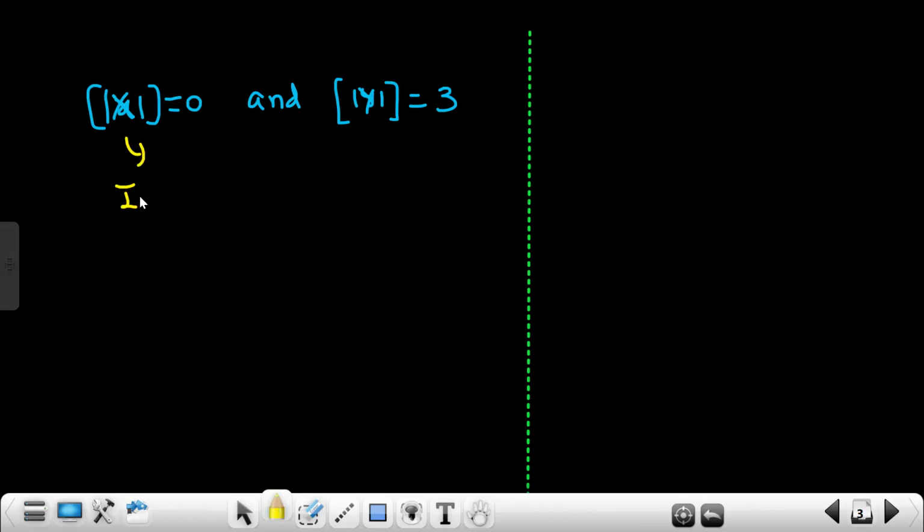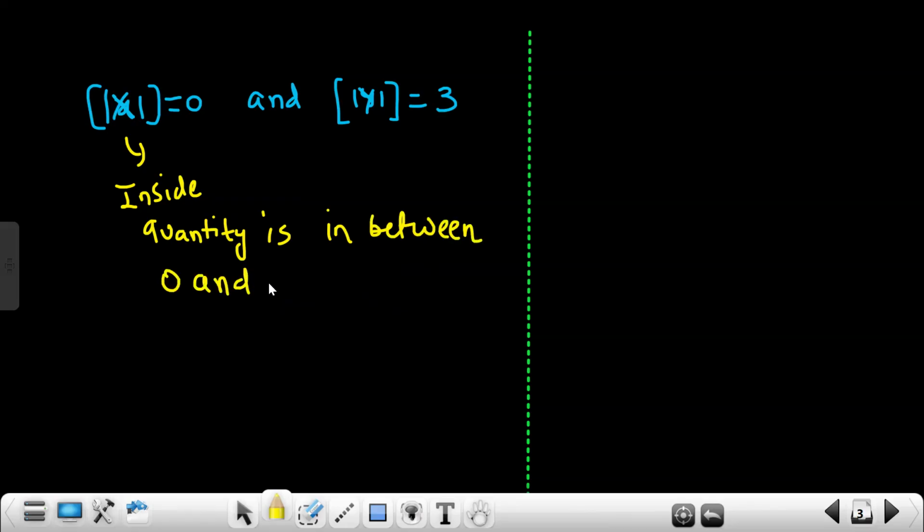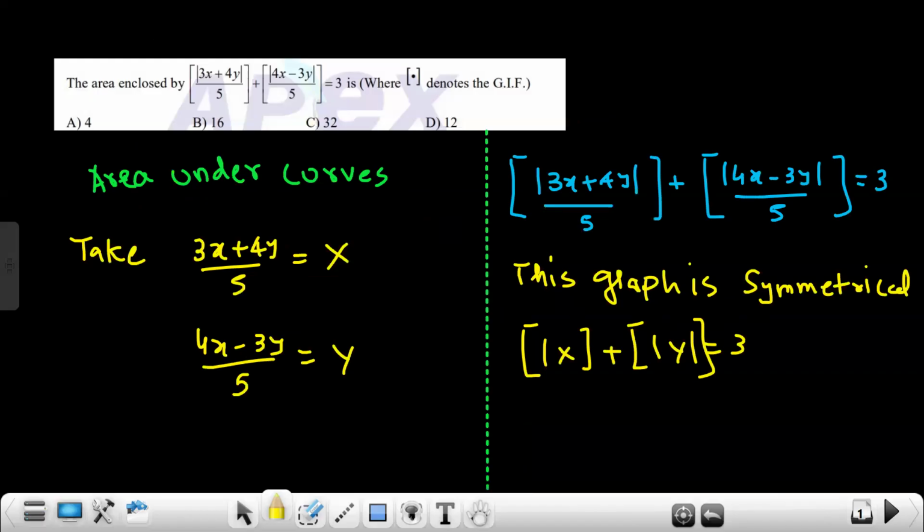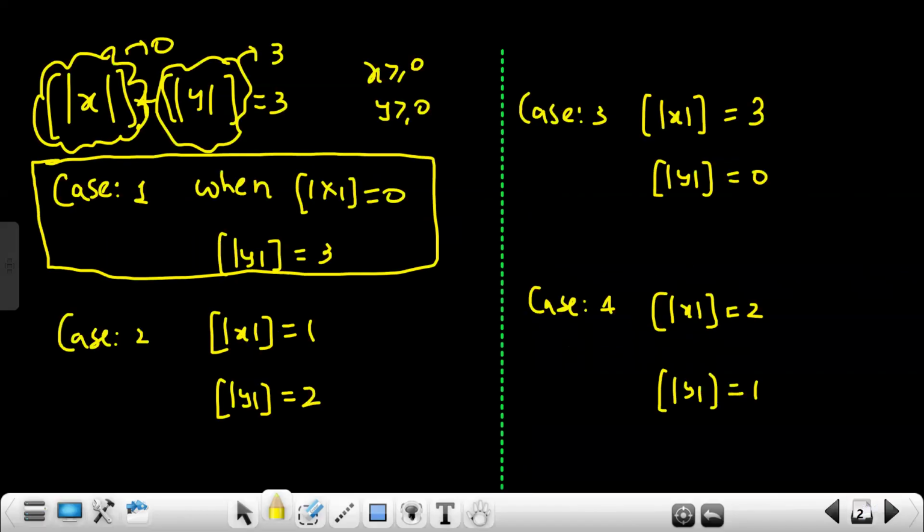So we can say that when the inside quantity is in between 0 and 1, and this quantity is 3, it means mod capital Y is in between 3 and 4. So you need to understand this. What did we assume as Y? 4x minus 3y by 5.